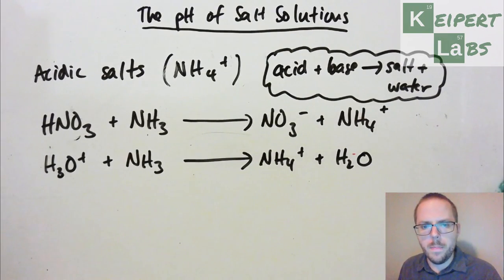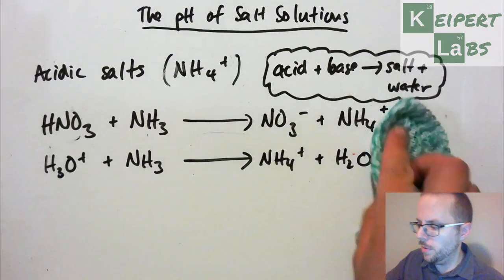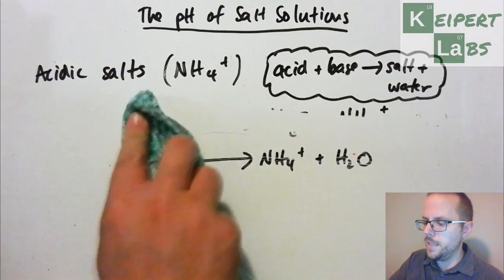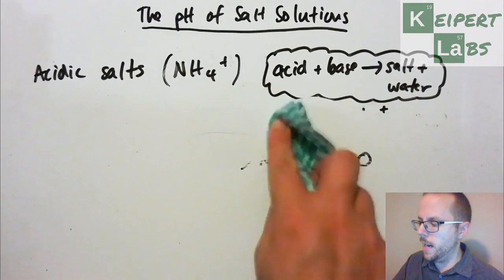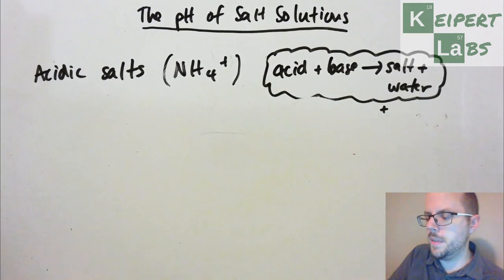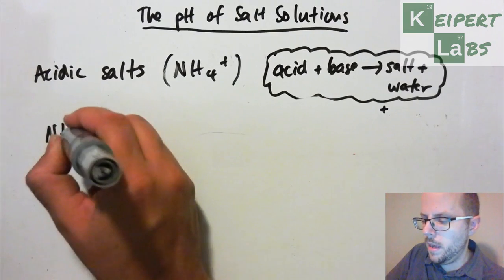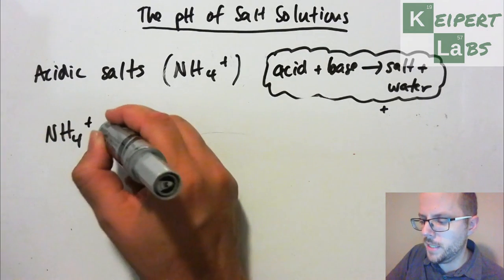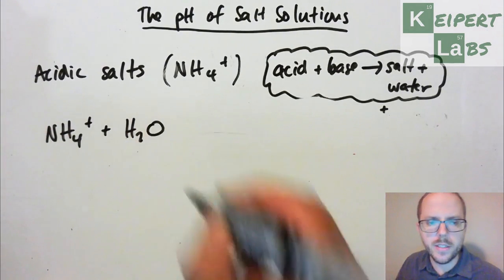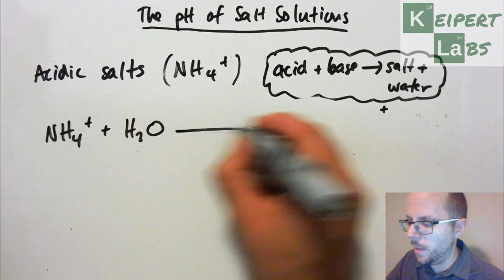Okay, that's how these sorts of ions would actually form in a reaction. But then let's say I took an ammonium compound and placed it in water. I take the ammonium ion, and it's surrounded by water molecules.